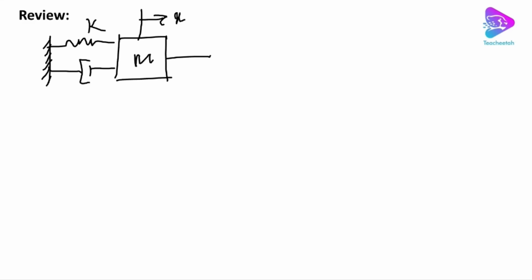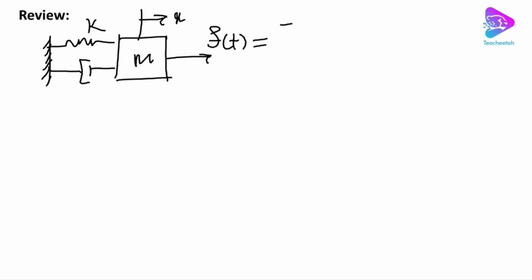However, if there is a force acting on the system, like F(t), and it's a function of time, then the system is a forced vibration. If the force is a harmonic function, then we have harmonically excited vibration. In this chapter and the next couple of videos, we focus on harmonic excitation, which means the force is a cos or sine function.